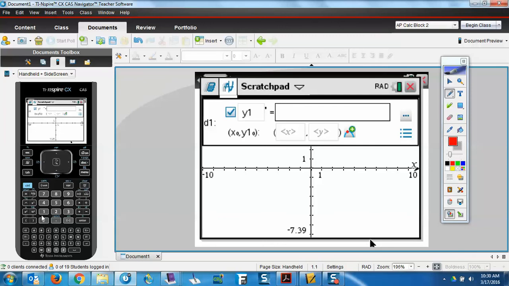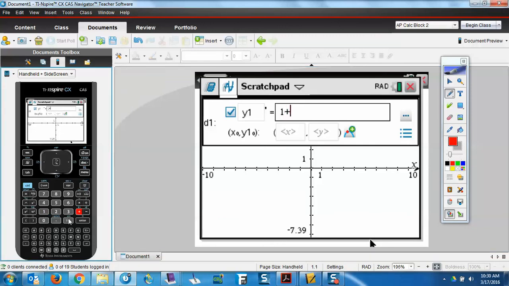And so I'm going to type in 1 plus, what am I going to put for the t? I've got to put x. So instead of 1 plus t minus y, I've got to put 1 plus x minus y1.